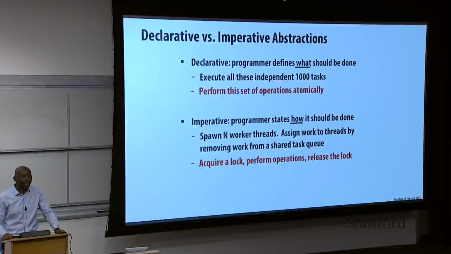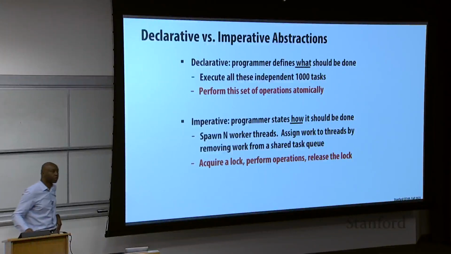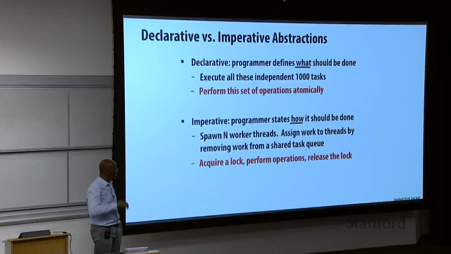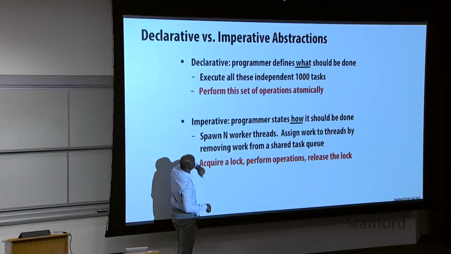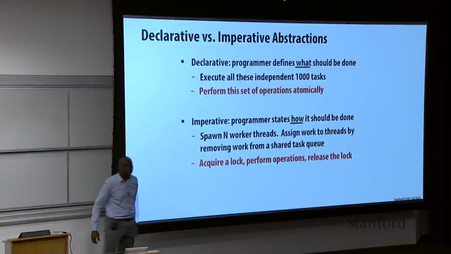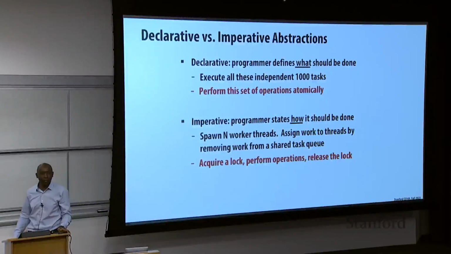And so the abstraction is much lower level, and it's imperative. It says how to do it as opposed to what to do. So imperative is how, and declarative is what. Okay, any questions at this point?